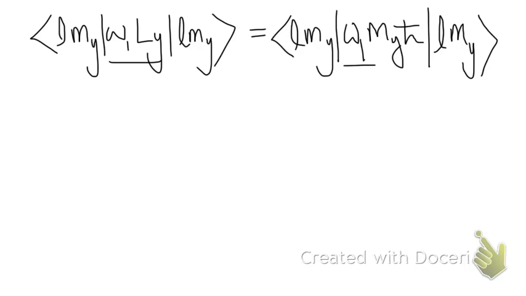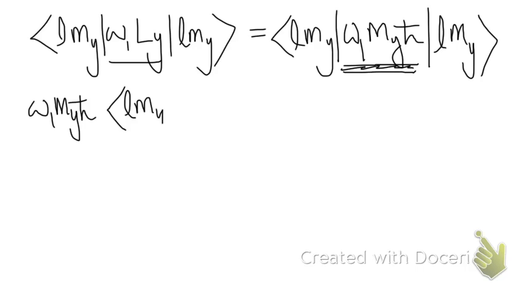Now My, omega 1 and H cut over here are just some constants, and therefore I can pull them out of this inner product. So omega 1, My, H cut come outside, and I'm left with Lmy Lmy.